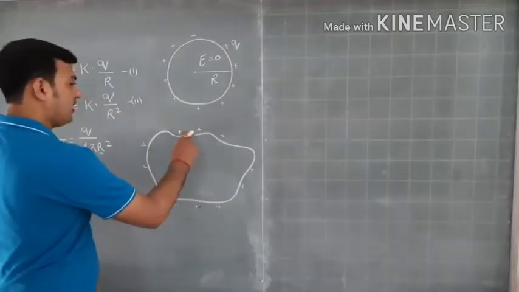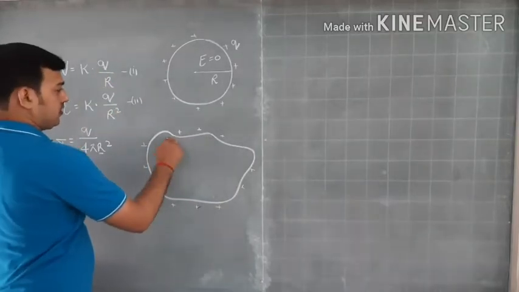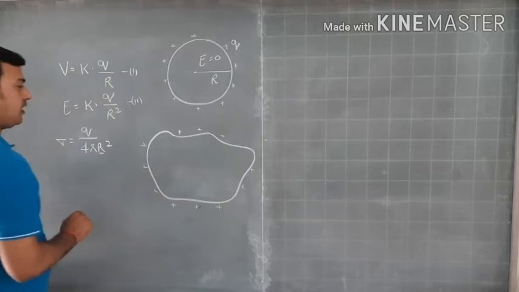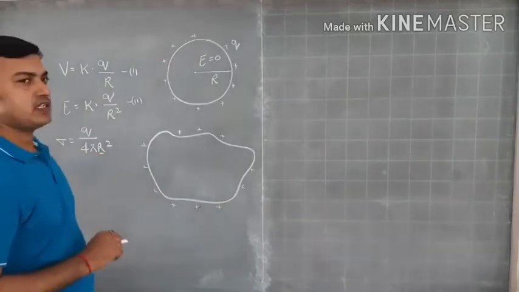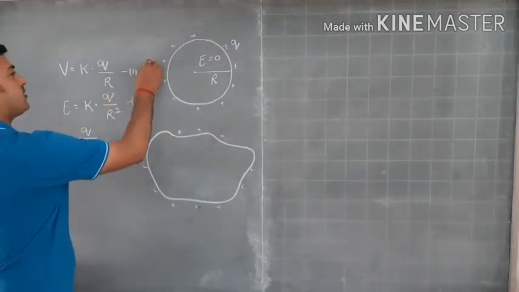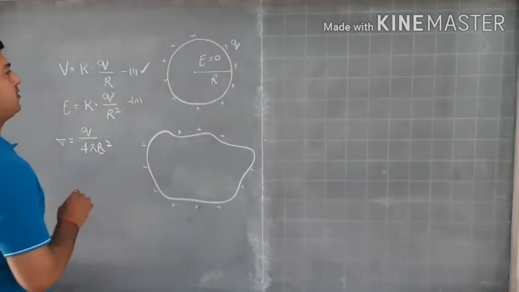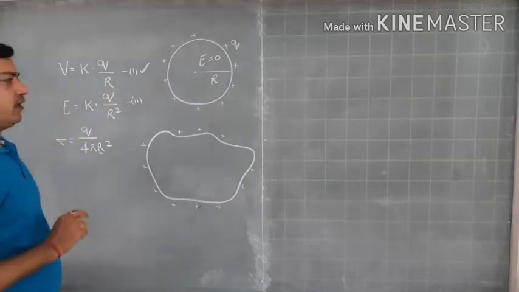But in this case, since this shape is not spherical, it means the radius is not the same everywhere, so the charge density will vary. Or we can also say, as per this potential situation, that if r varies, the potential will also vary.